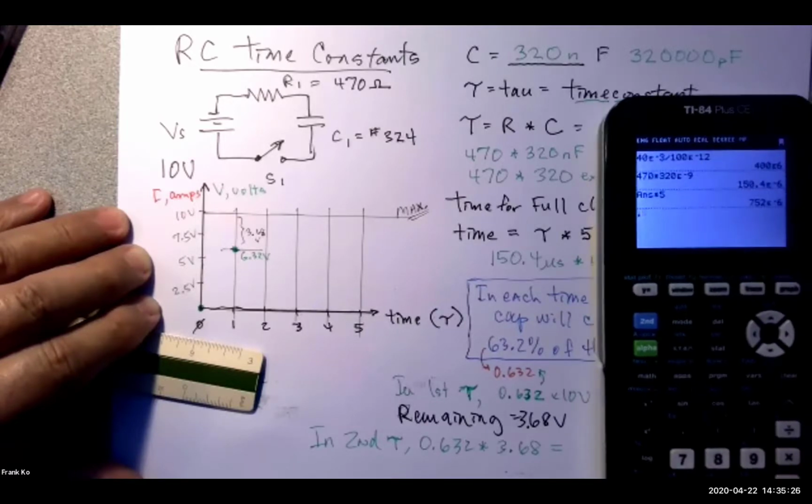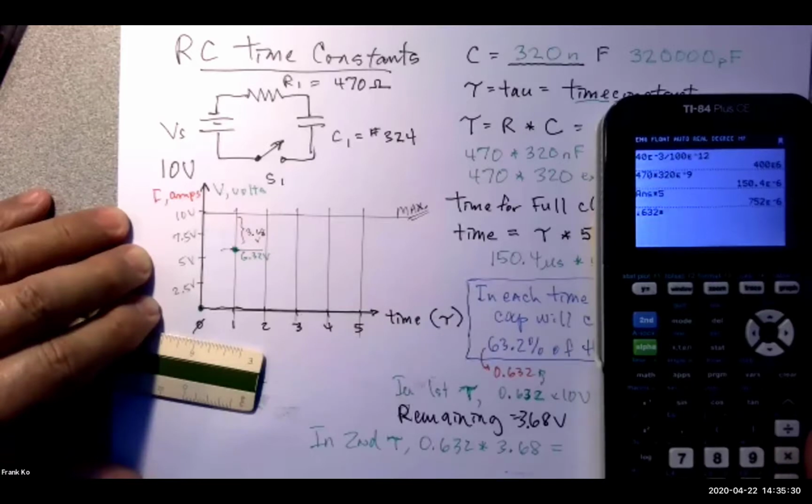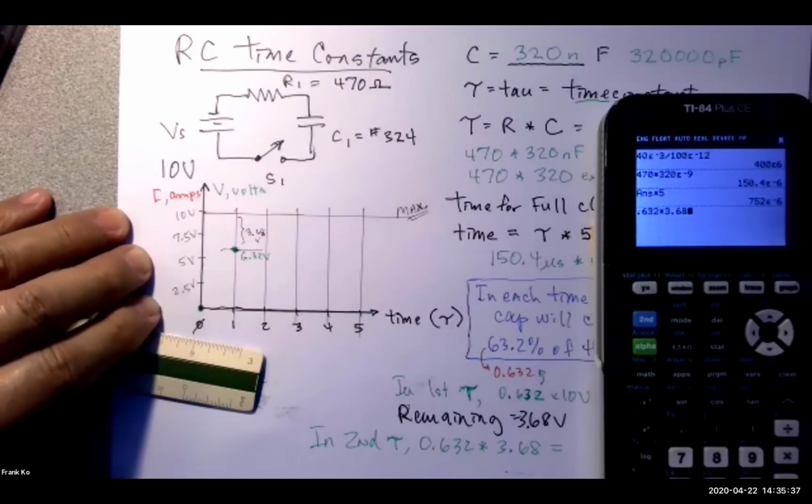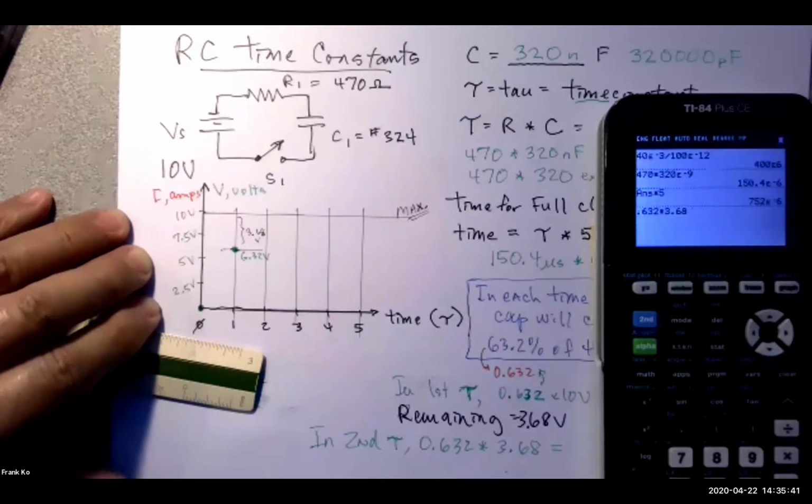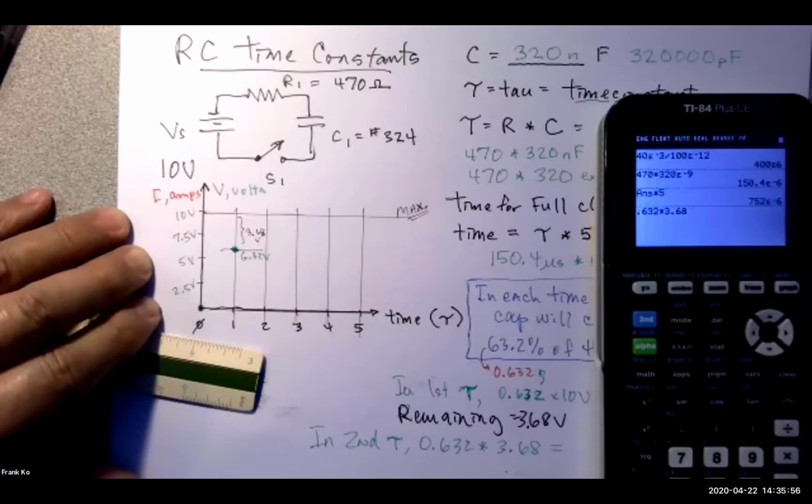So we will take 0.632, and we're going to multiply that by 3.68. And your calculation works out to be what? Mr. Rolando, help us out here. What do you get? I didn't hear an answer.